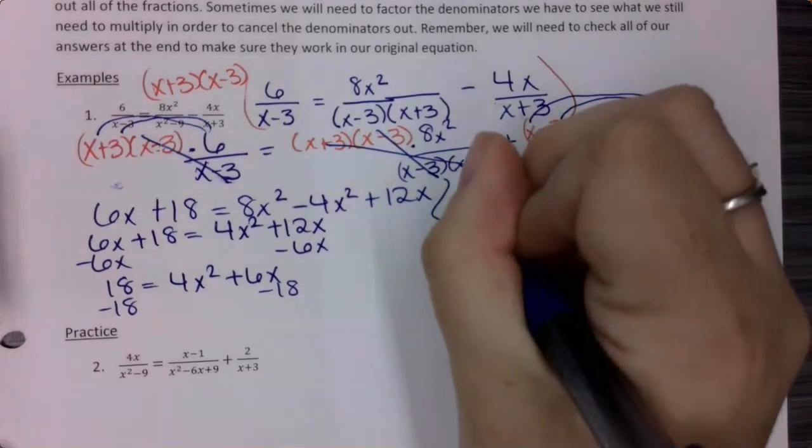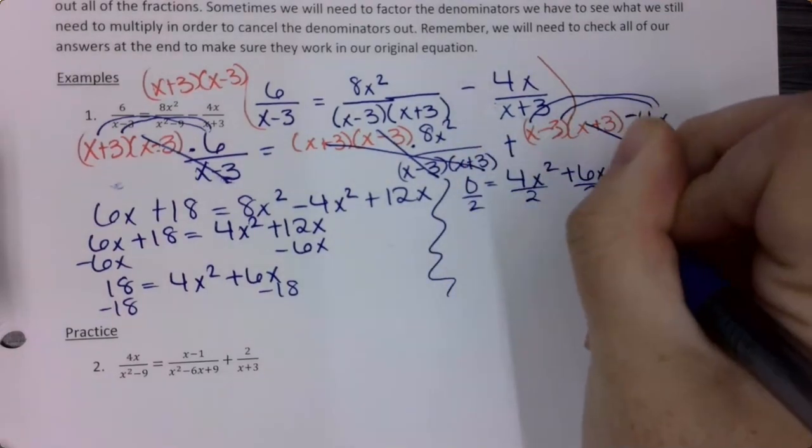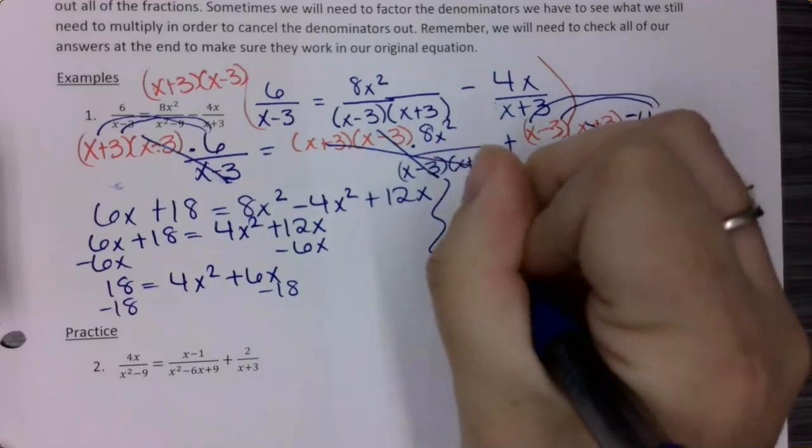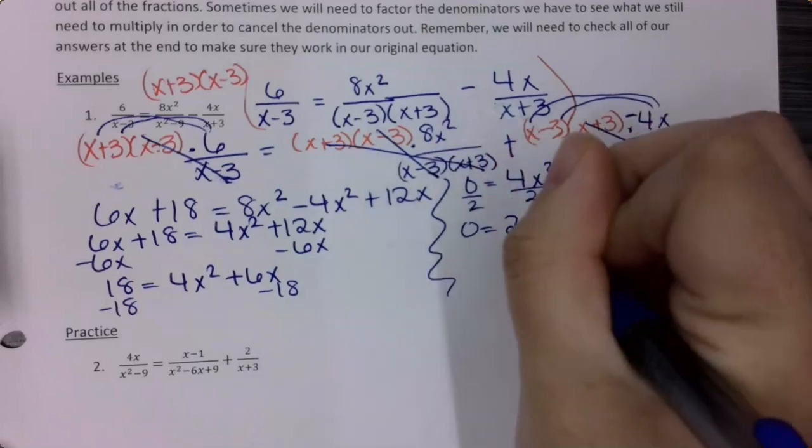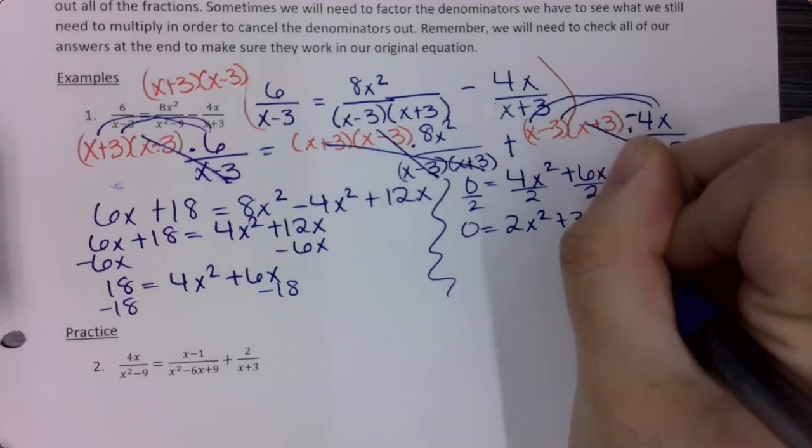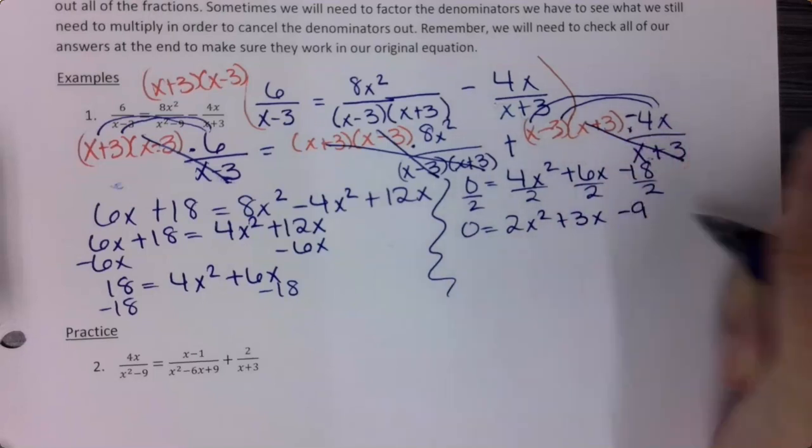I can divide it all by 2 to make it smaller numbers to work with. It's going to get me 0 equals 2x squared plus 3x minus 9.